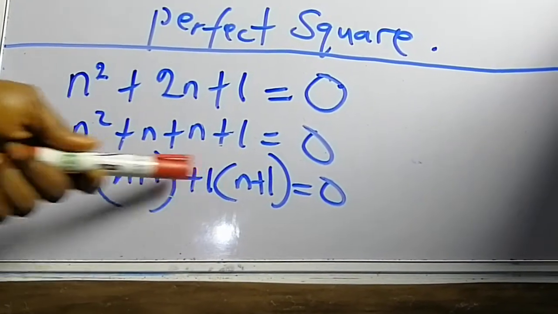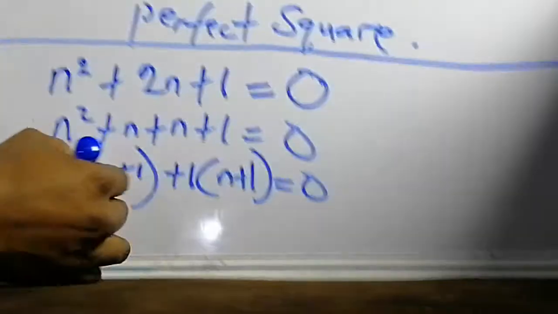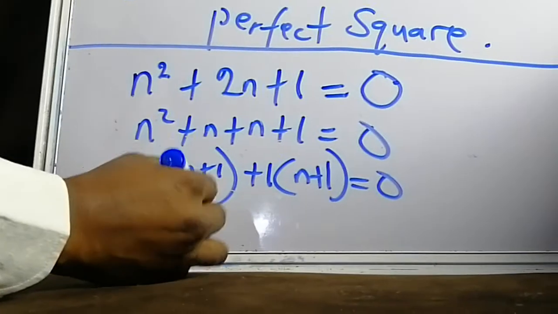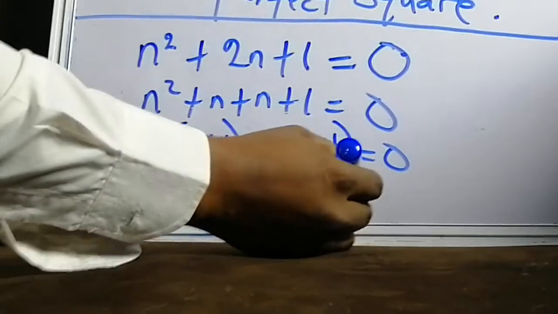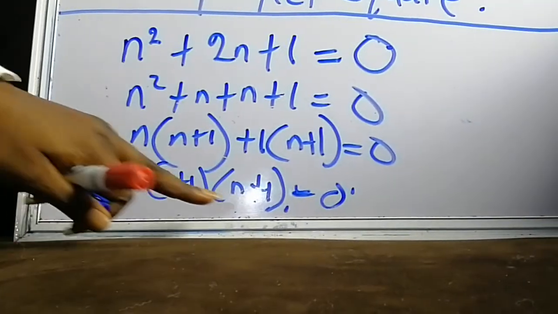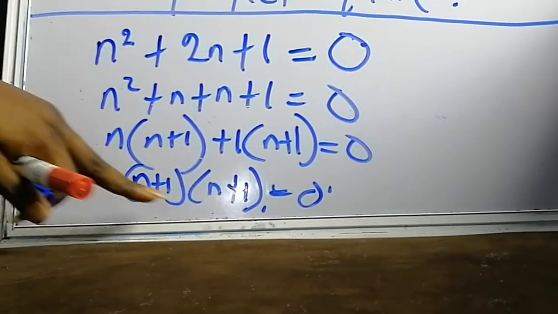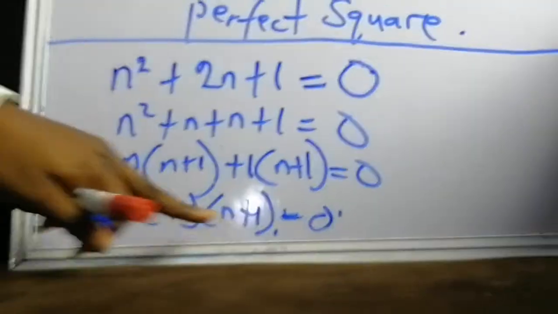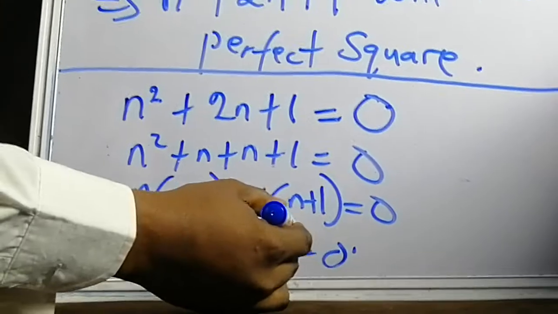So if you look at it now, n plus 1 is the same thing. I can say n plus 1 squared, the same thing as n plus 1, n plus 1, equals 0. If I want to use the law of indices, I pick the base and add the power. This is raised to power 1, and anything raised to power 1 is that thing.